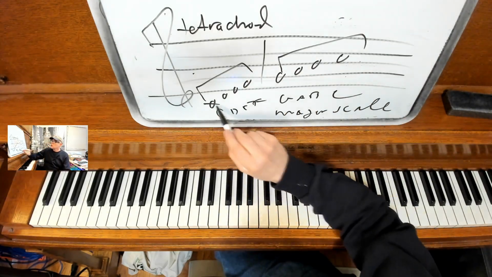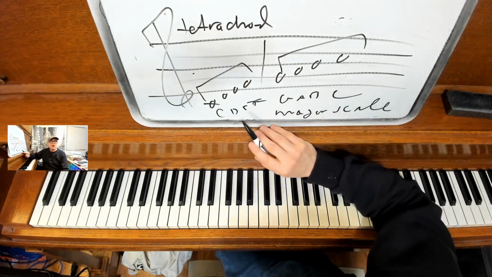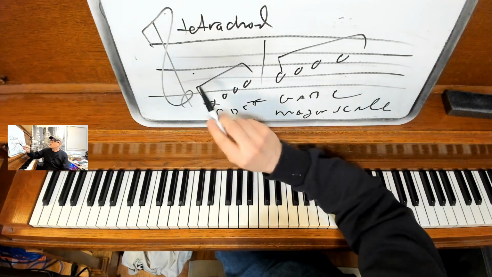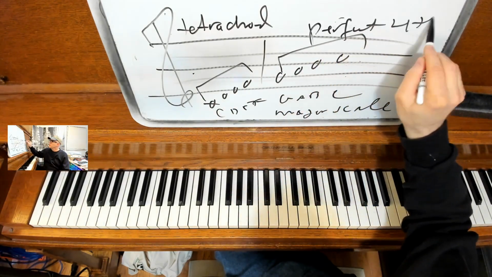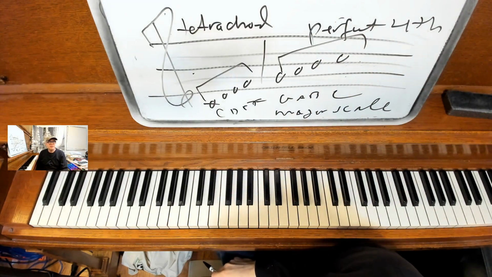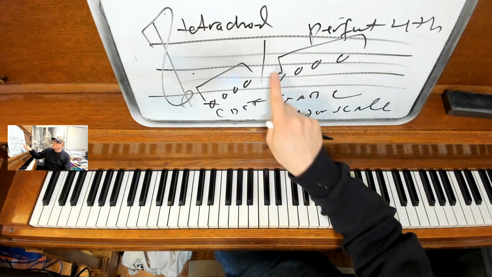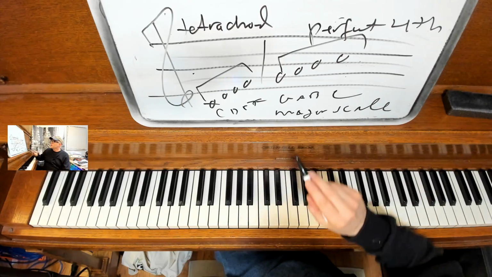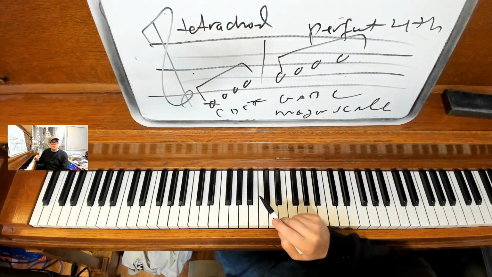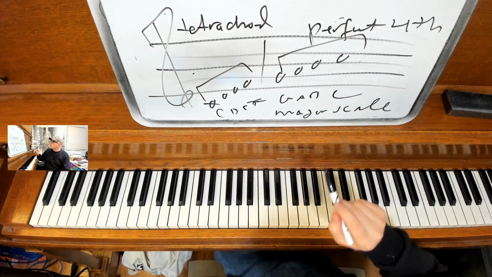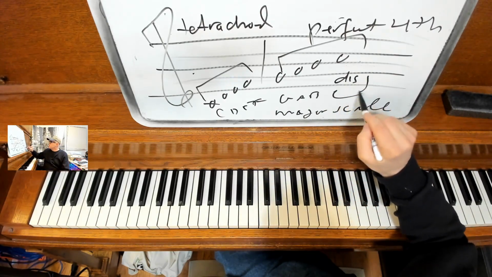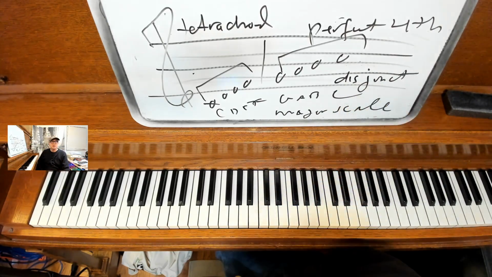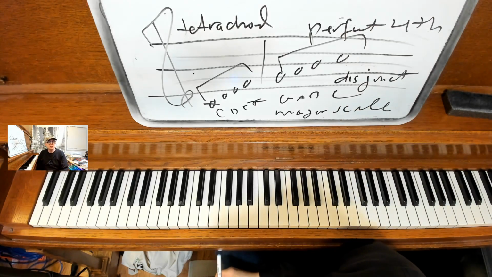The lower and upper tetrachords both have the same distance. They are what we call a perfect fourth, okay? So that's important, and because they're not overlapping, each of these fourths are what we describe as disjunct. They are disjunct tetrachords.